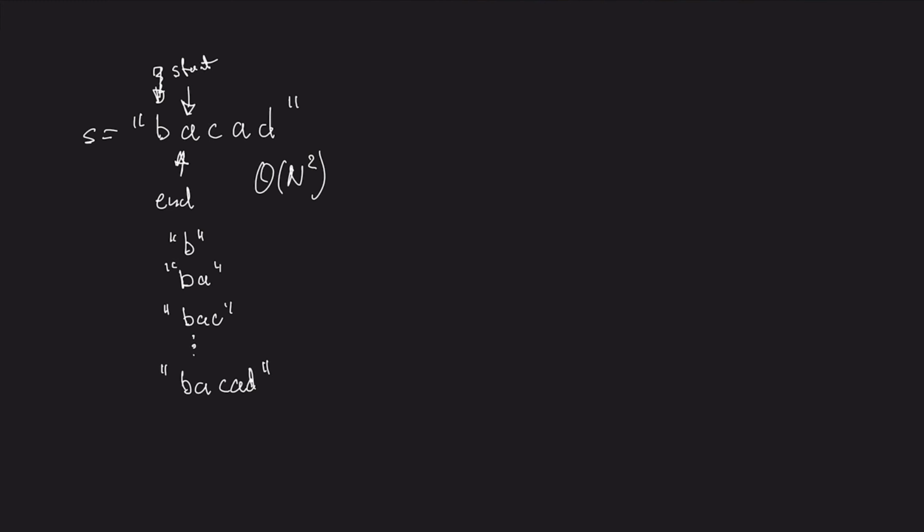We use two pointers, one starting from the end, one starting from the start, and we check whether the letters pointed by those pointers are the same, and we continue moving towards the middle of the string. So we have to go through the entire string. So checking whether the substring is a palindrome has a complexity of O of n. So the total time complexity of our brute force algorithm is O of n cubed.